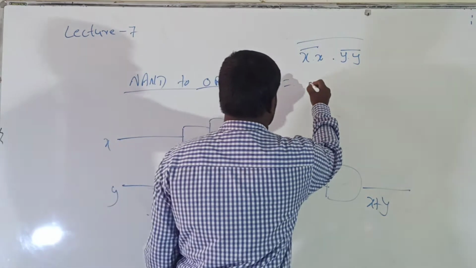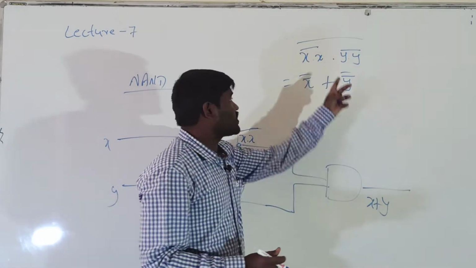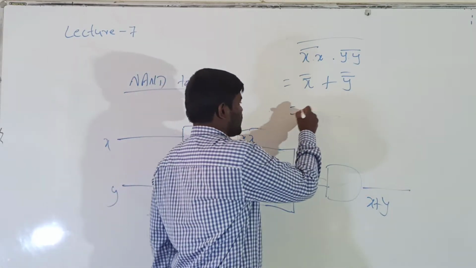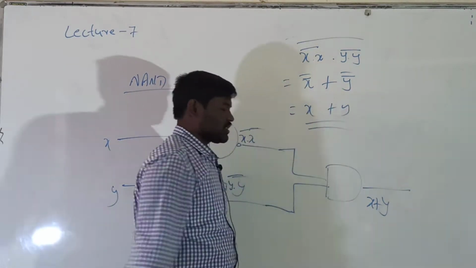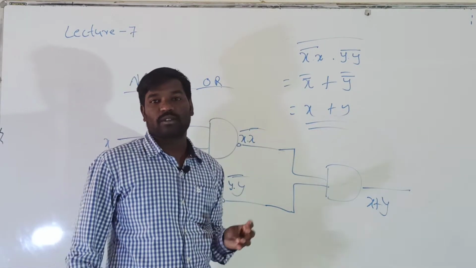Okay, it becomes x double bar plus y double bar, because here into is there. If you apply De Morgan's law, it becomes plus, that is finally x plus y. See here, so this is the OR circuit diagram and logic with respect to the NAND gate.